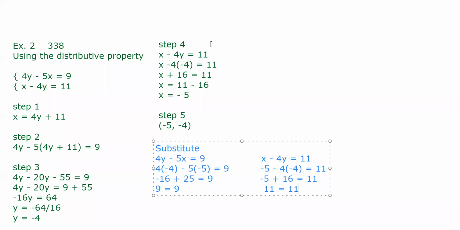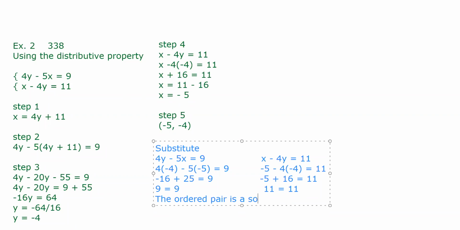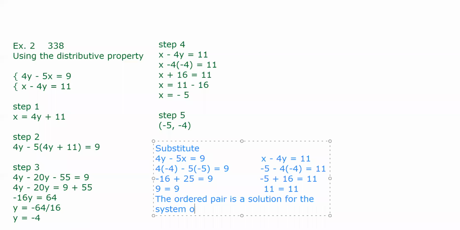Here you finish the exercise, but you need to be sure that the solution you find is correct. So we substitute the values we obtain in both equations to see if the answer is correct. And if the answer is correct, we say that the ordered pair is a solution for the system of equations.